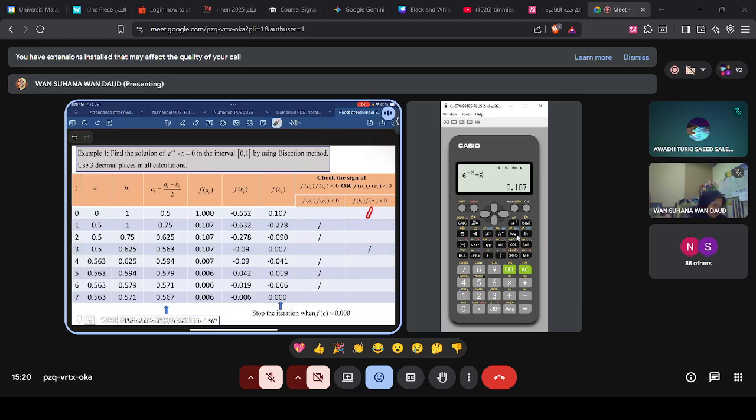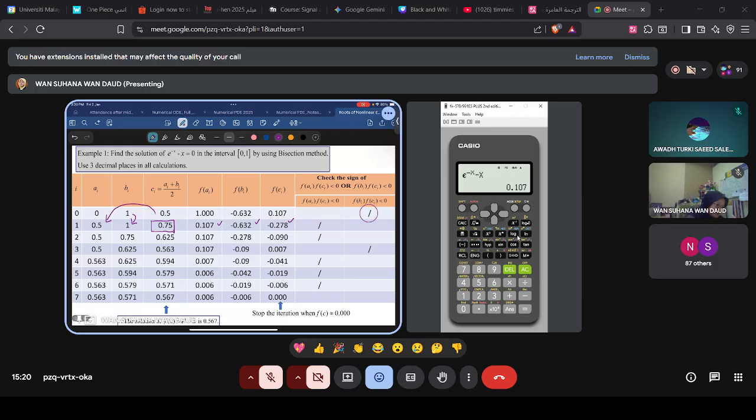Then b will remain, and c will replace the value of a. Let me write here. b will remain because f(b)f(c) is satisfied, then c will replace the value of a. Now we continue, find the midpoint, and the next values will be found by using CALC, as I showed before, using the same f(x).